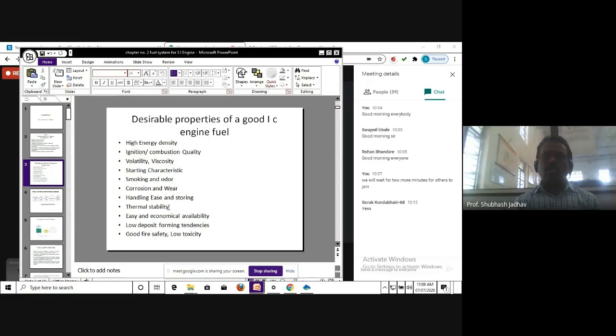With a change in the temperature, it should not change its properties. It should be easily available everywhere. It should be cheaper in price. It should not have any deposit forming tendencies, and it should be safe to use from the fire point of view, and it should not produce any toxic gases. So these are the desirable qualities for a fuel to be used in an engine.